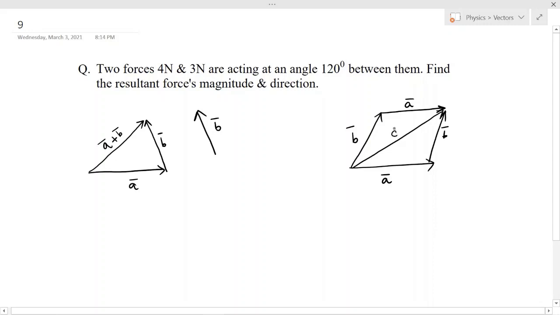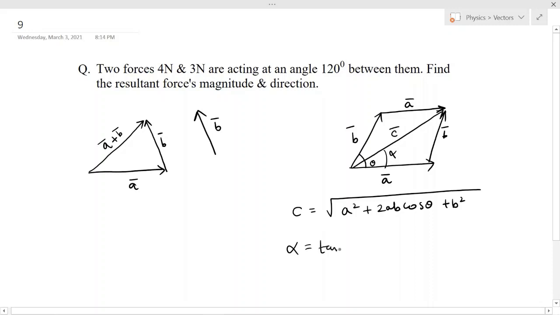And this is the vector, suppose c bar. So let's say the angle between the vectors a bar and b bar is theta, and let's say the angle c bar makes with the vector a bar is alpha. So the magnitude of the vector c is given as square root of a square plus 2ab cos theta plus b square, and the direction of the vector c bar, that is alpha, is given as tan inverse of b sin theta upon a plus b cos theta.